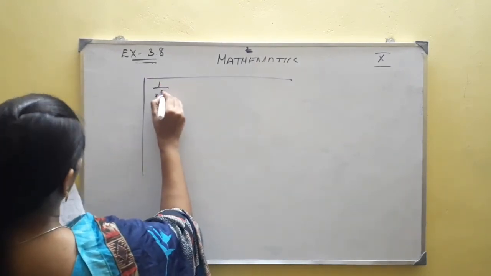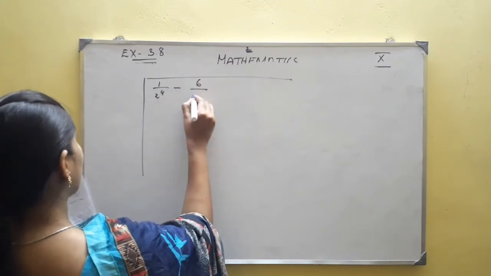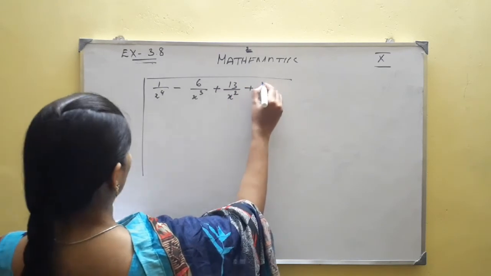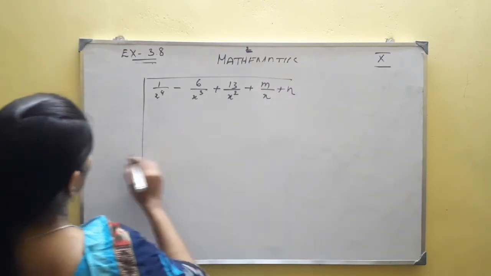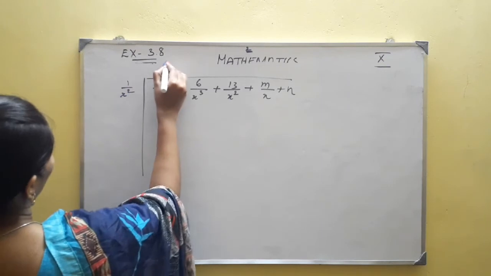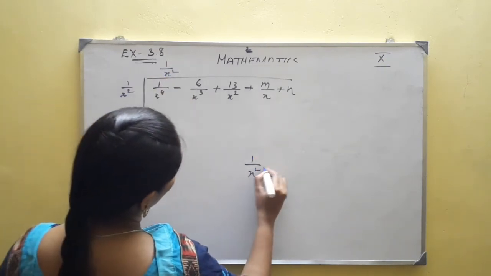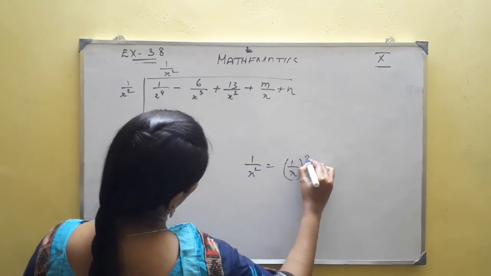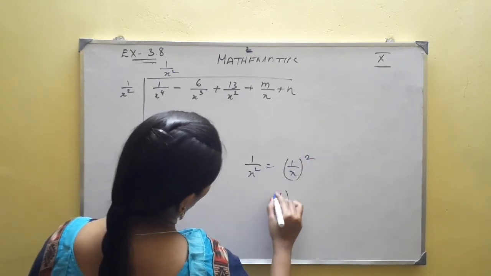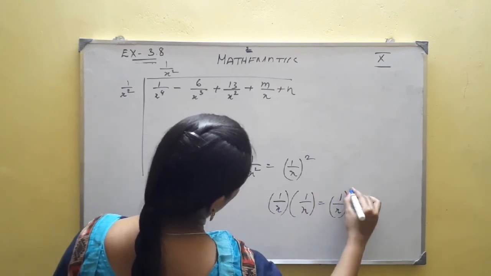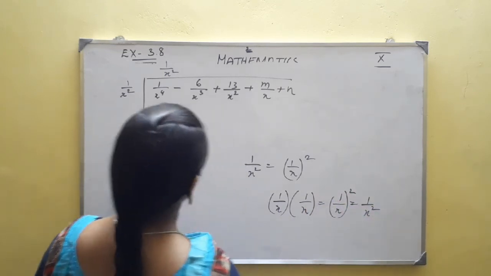1 by x power 4 minus 6 by x cube plus 13 by x square minus m by x plus n. So 1 by x square, while multiplying with 1 by x square gives me 1 by x power 4. 1 by x square is nothing but 1 by x the whole square. That means 1 by x into 1 by x gives me 1 by x the whole square, which is nothing but 1 by x square.